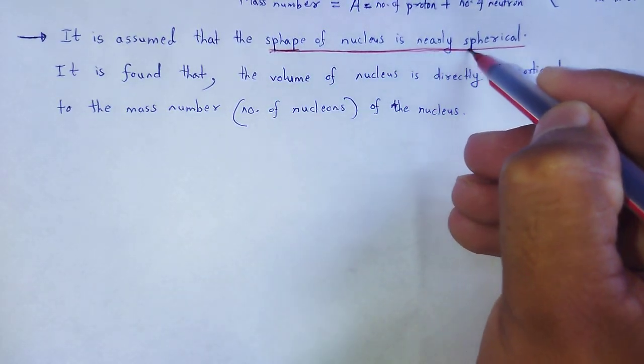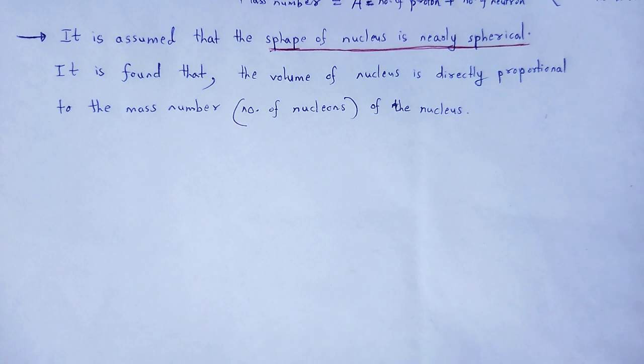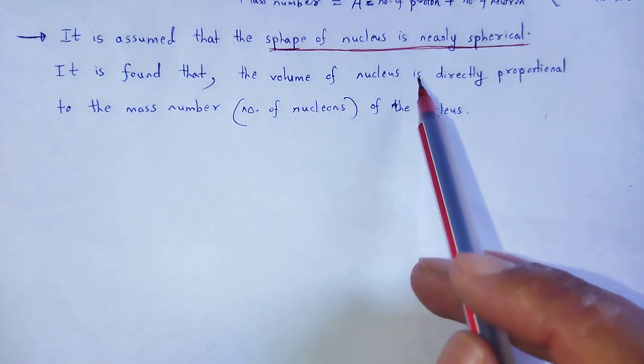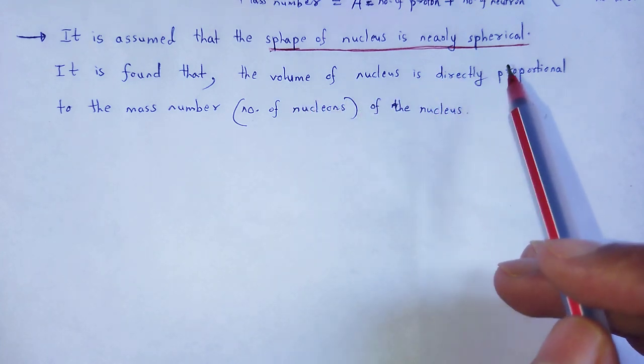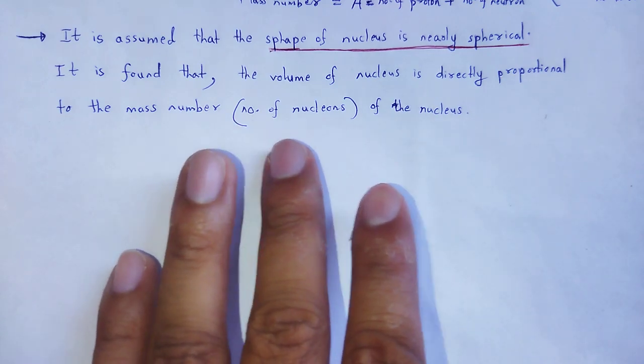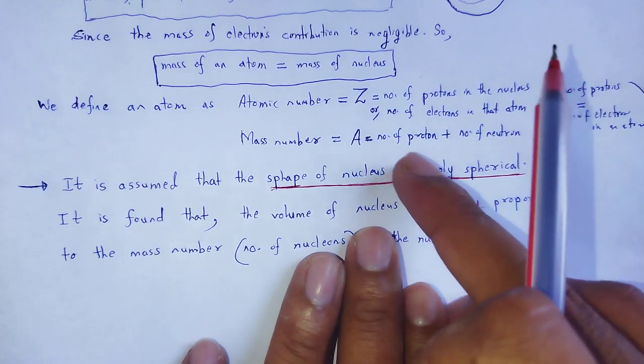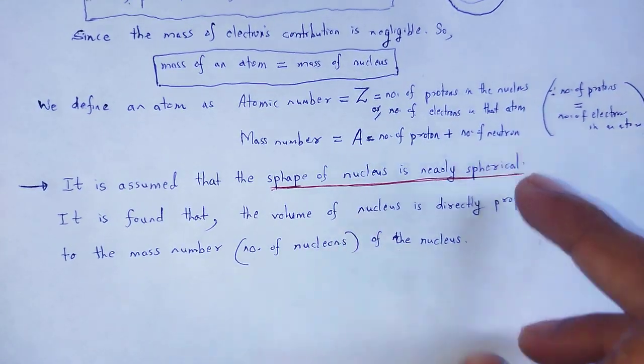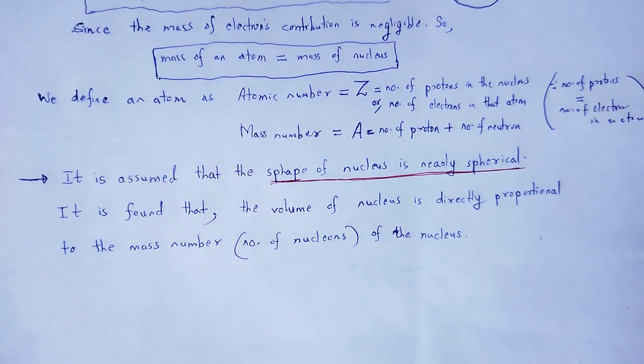There are many reasons behind the spherical shape of the nucleus, and we found that the volume of the nucleus is directly proportional to the mass number. Mass number is the number of nucleons, meaning the number of protons plus the number of neutrons of that particular nucleus.